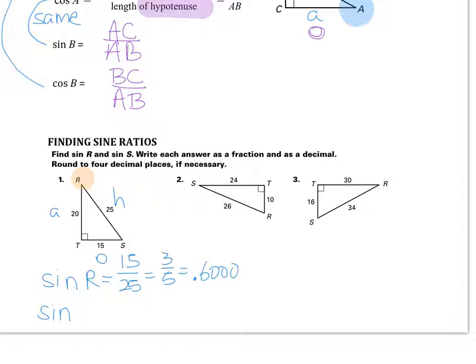Then the sine of S, the opposite is 20 over hypotenuse. And 4 decimal places. So you should try number 3, doing your sine of R and sine of S.